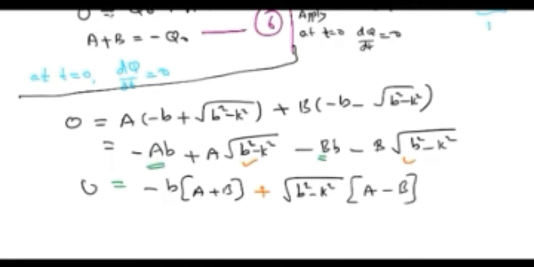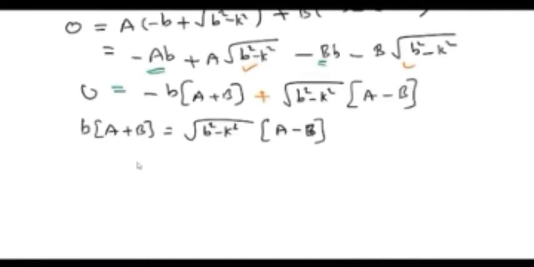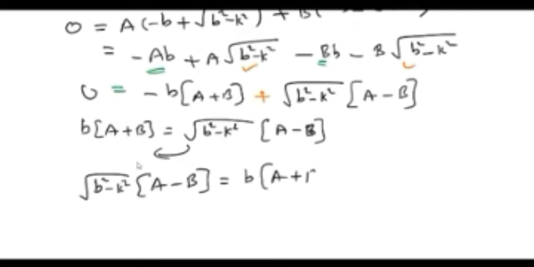Next I bring this term to the left side, then this will be b into A plus B is equal to root of b square minus k square into A minus B. Or if I rearrange, root of b square minus k square into A minus B is equal to b into A plus B. This is equation number 7.